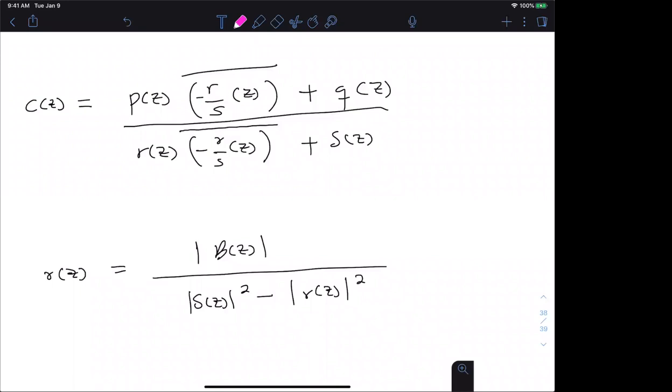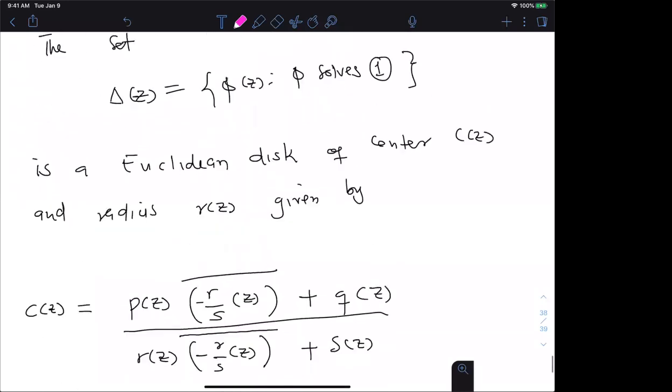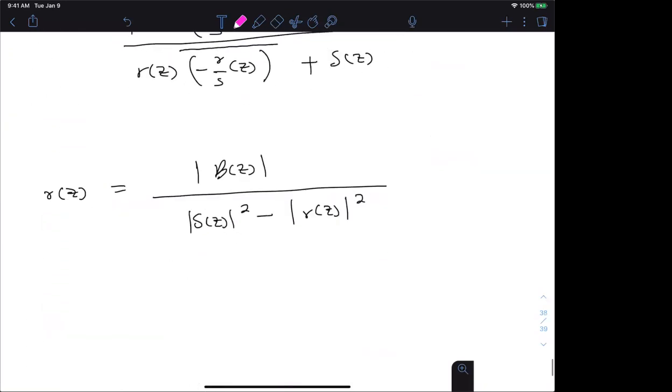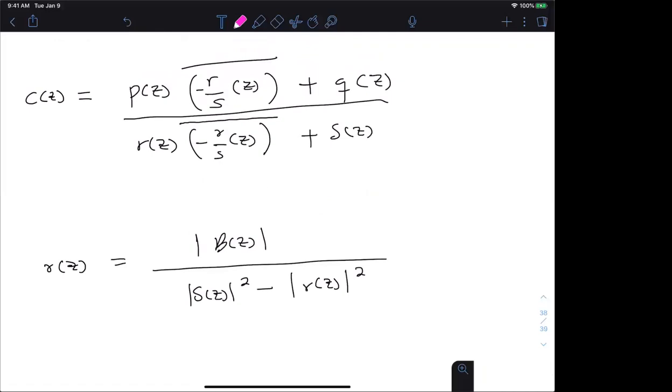But the claim is that they all fall within some Euclidean disk, and the radius of the disk is calculated by the modulus of the Blaschke product, which in this case is the same as this expression, the difference between these two parameters divided by something. I know you're going to get a constant somewhere, but the dimensionality is something I need to read more on.